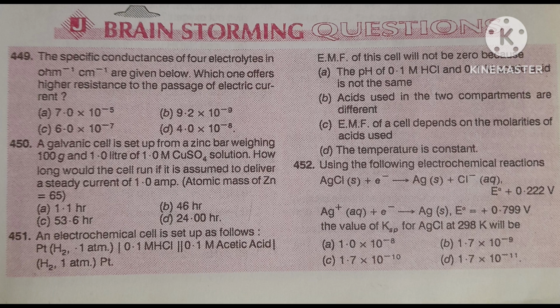You have to answer which one offers higher resistance to the passage of electric current. If you pass the electric current, out of 4, which electrolyte will offer higher resistance? Then here you have to observe all 4 options.